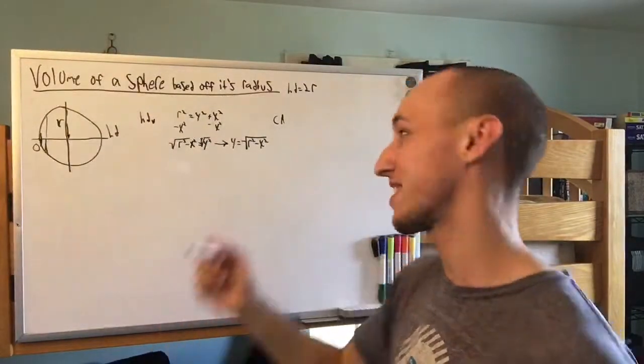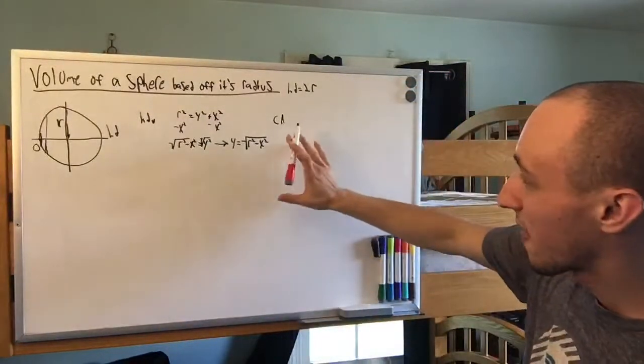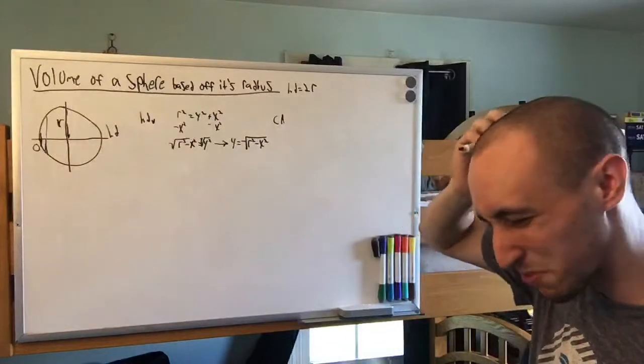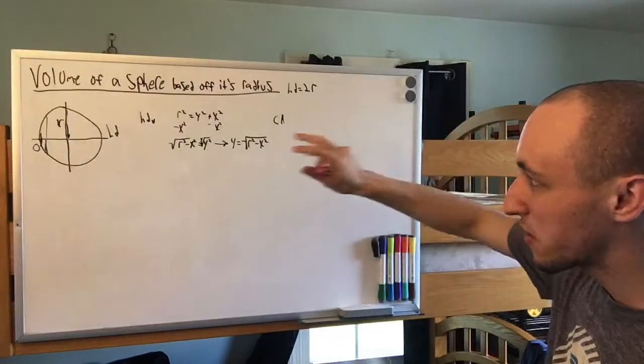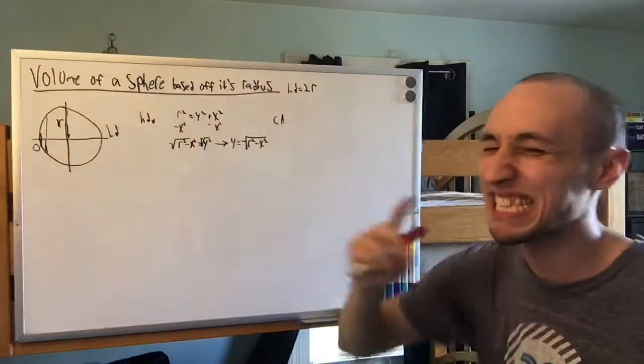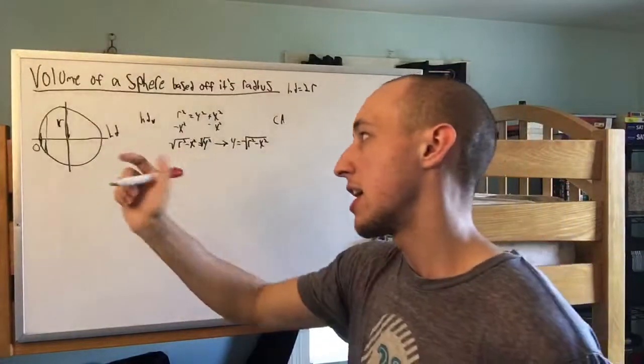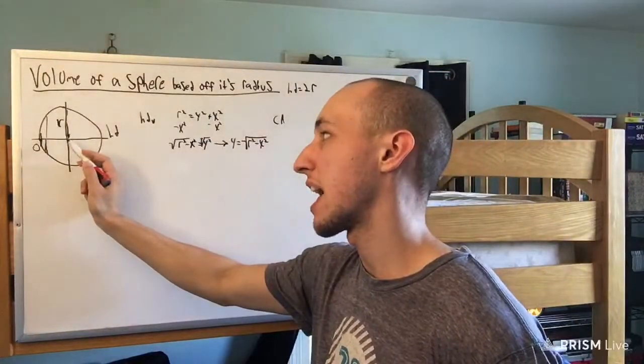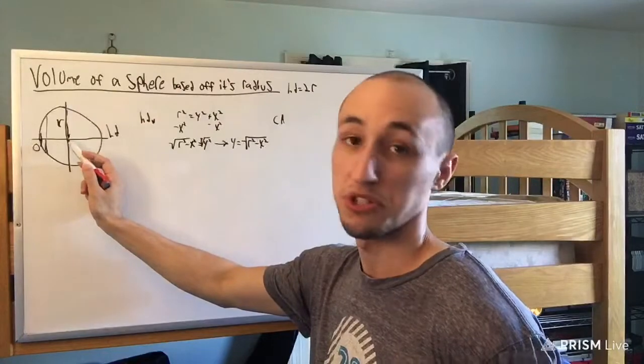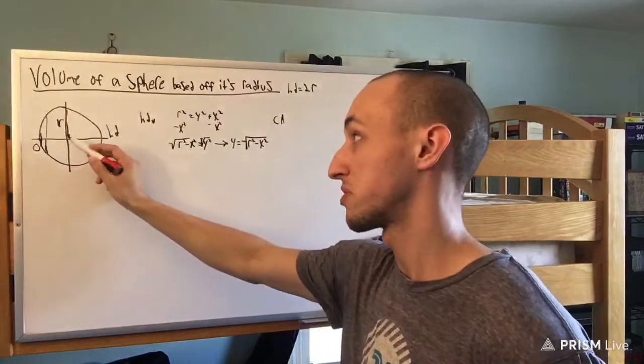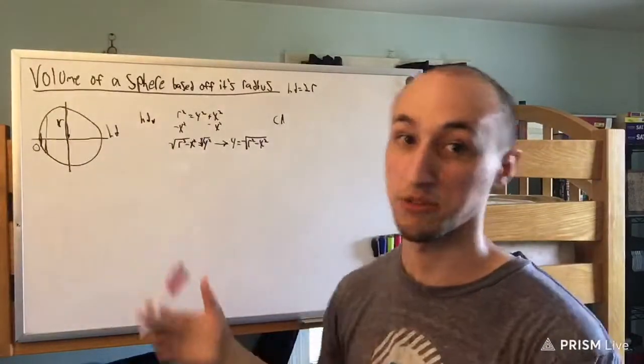We don't care, okay? But one of the things with this is that in this form, you place the center of the circle at 0, 0. So the center is when y equals 0 and x equals 0.